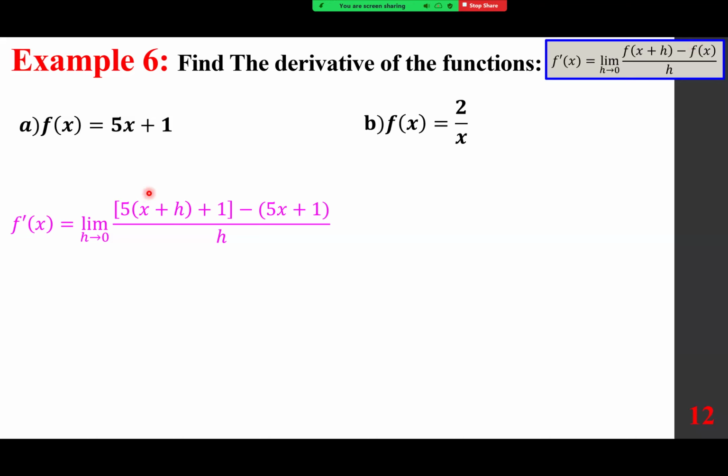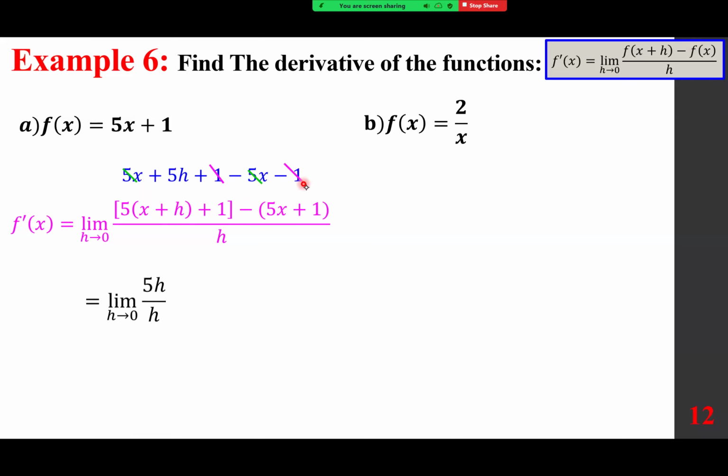5x plus 5h plus 1 minus 5x minus 1. 5x and minus 5x cancel each other. 1 and negative 1 cancel each other.